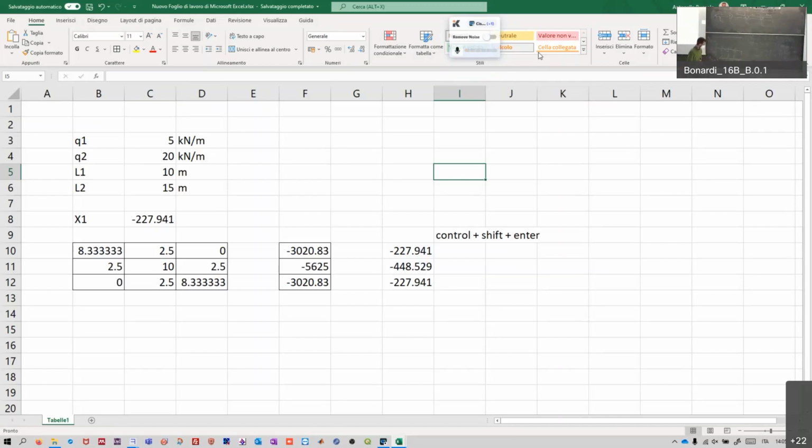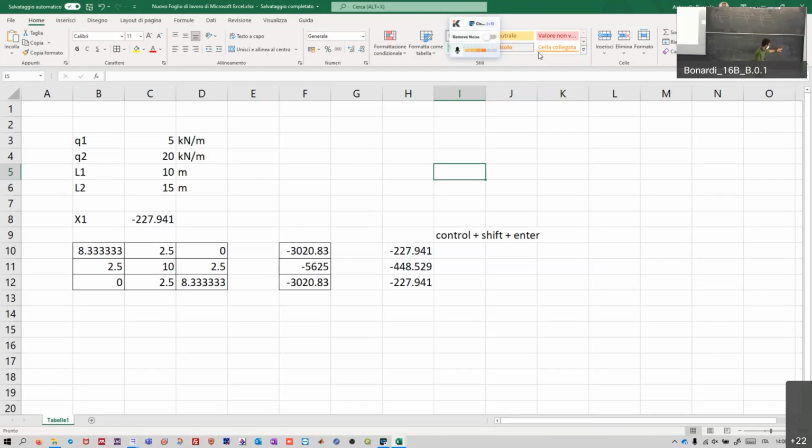If you want to compute the maximum bending moment here, you have to say, okay, I want to compute the bending moment in this beam. This is L1. Not in 0 or in L1, but for example in L1 over 2.